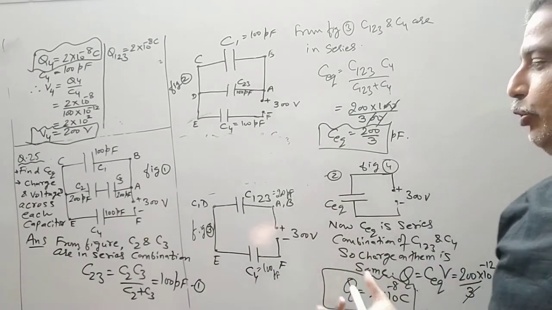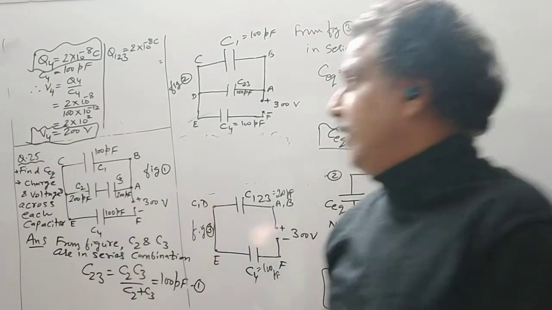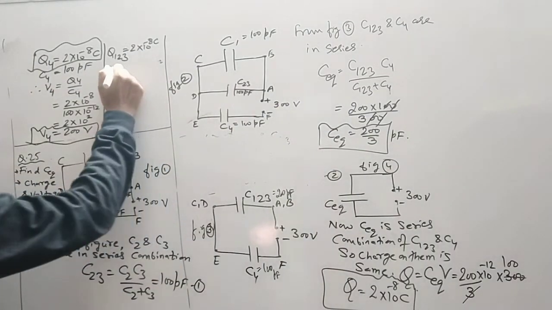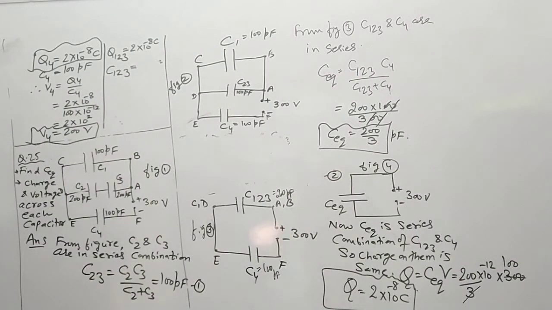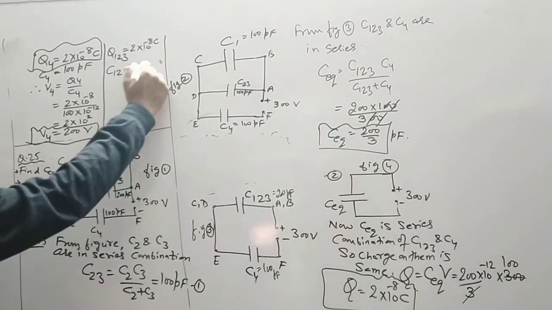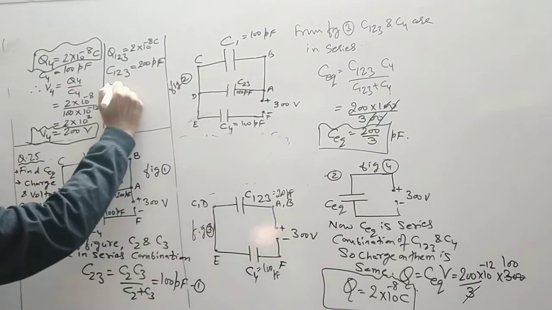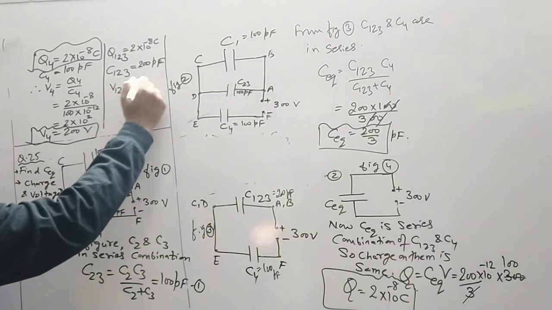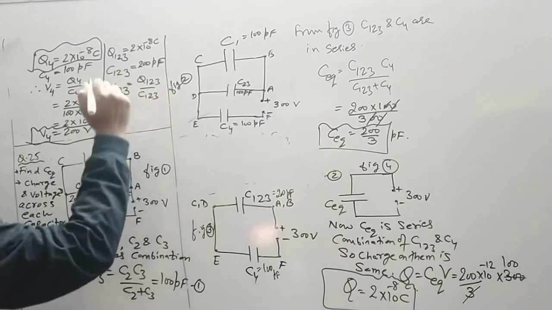Another way, if you cannot understand this: Q123 is known, and I know C123. C123 was 200 picofarad. So V123 is equal to Q123 upon C123.